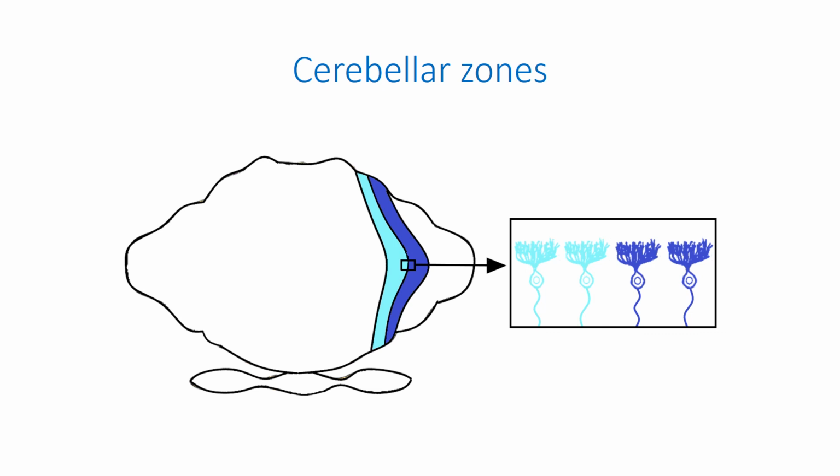This name is due to the alternating reactive and non-reactive parasagittal stripes revealed by staining and reminiscent of the stripes on a zebra. The stripes are also generated by other markers, but all of them have the same general shape.